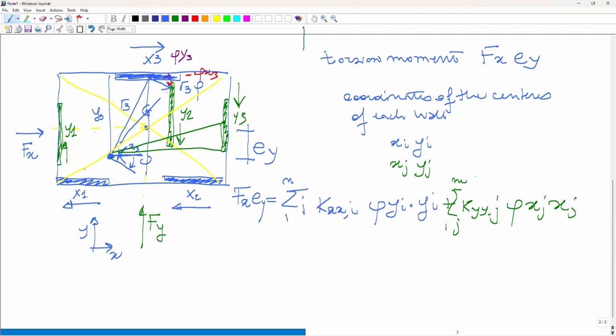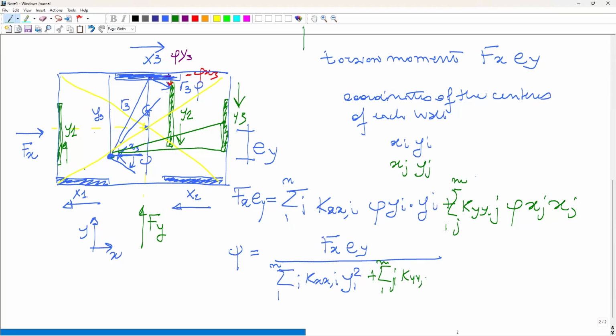So as we have done before, here you see we have two sums, but phi is a common factor to all of them, so you can bring it out and you can calculate phi, and phi turns out to be equal to Fx times y divided by the sum i from 1 to n of kxi yi to the square plus the sum from 1 to m in j of kyj xj to the square.